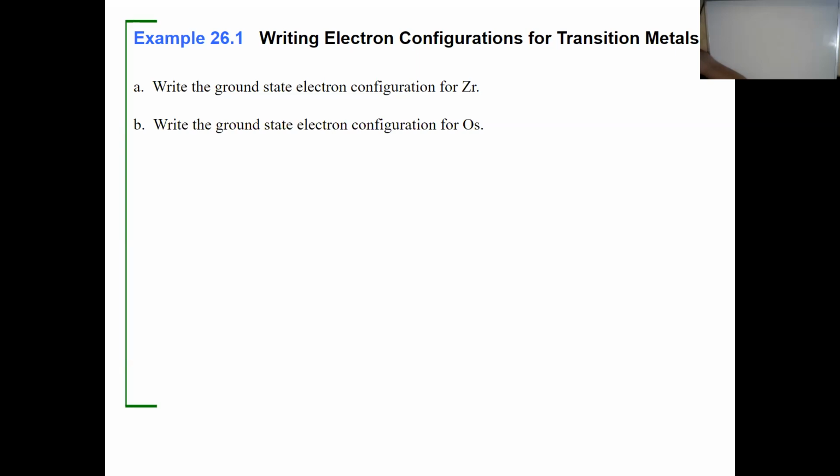All right, so I'm going to share my desktop real quick. And we are going to look and see how we can find the electron configuration of zirconium just using the periodic table, okay?